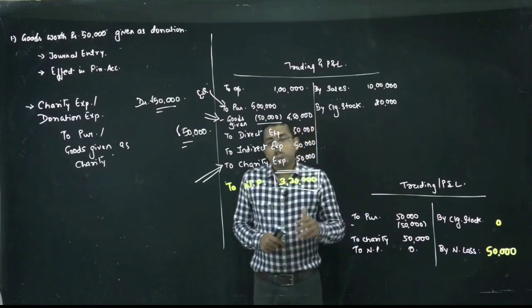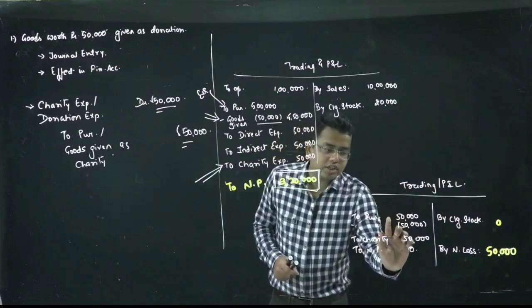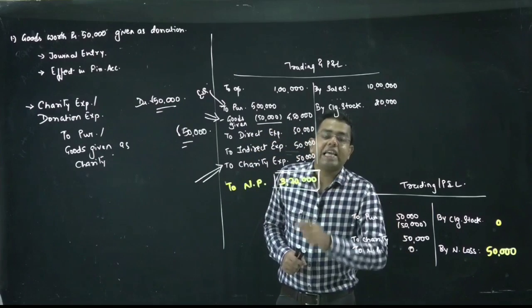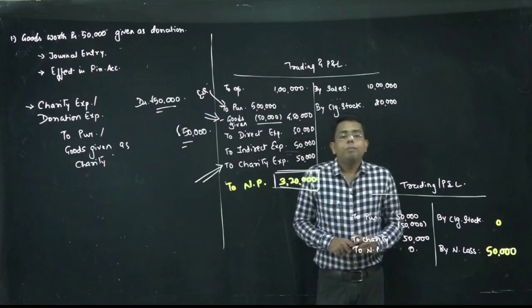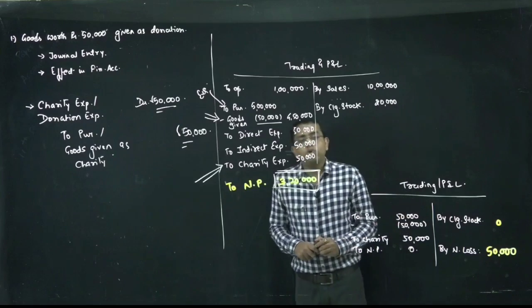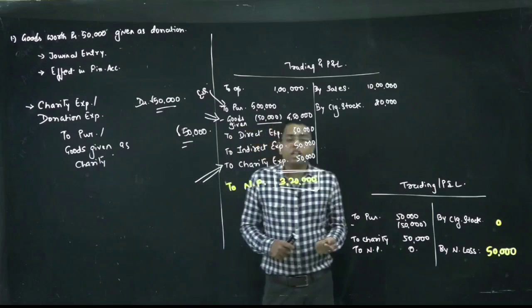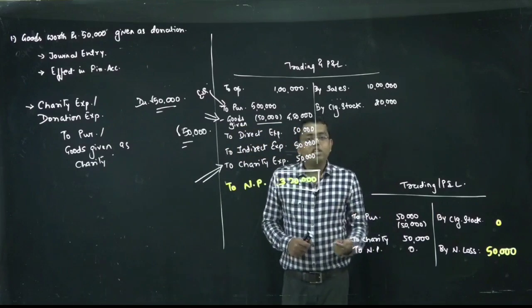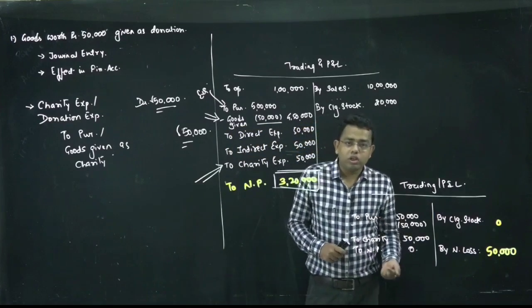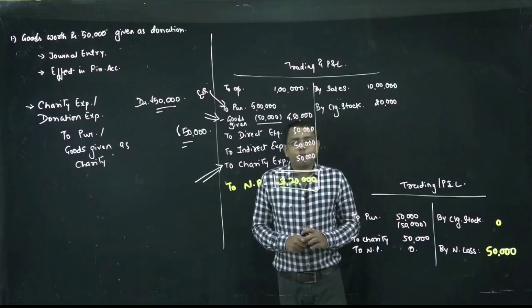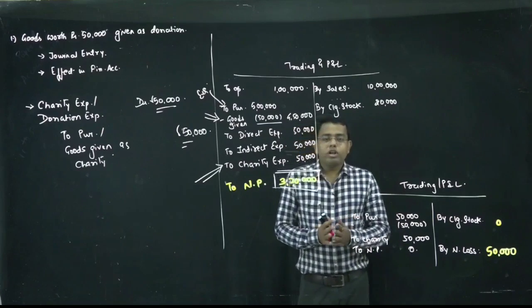Then if it is free of cost, it should not be there in my purchase, but should be shown separately as charity expense. The owner should come to know that his sales manager knows how to sell the goods, but the company has incurred a loss of 50,000 because they have given something free.